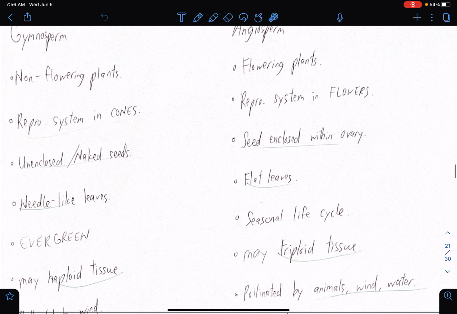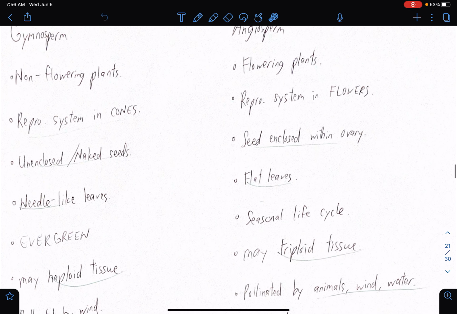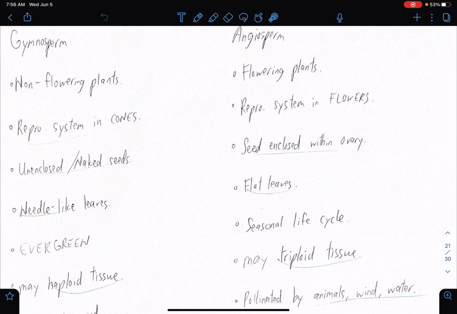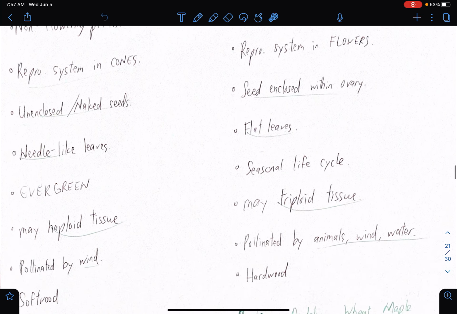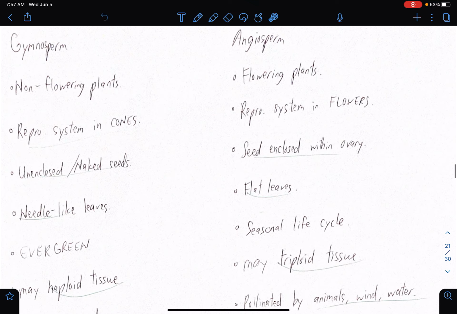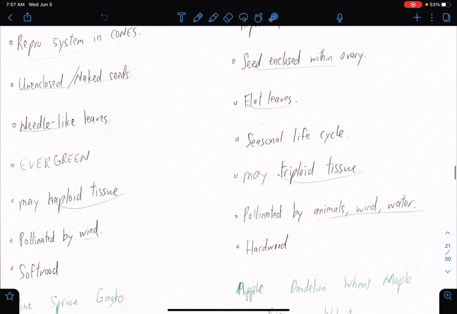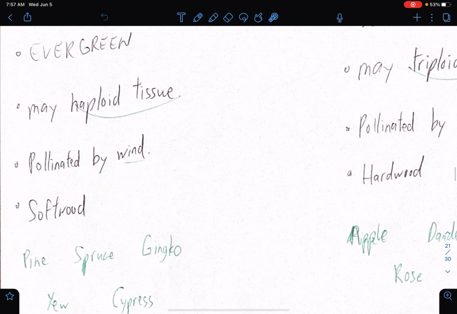If you see the word evergreen, that automatically refers to gymnosperms. And if they have haploid tissue, they're gymnosperms. Unlike gymnosperms, angiosperms have triploid tissue. One factor that contributes to gymnosperm pollination is the wind, only the wind.